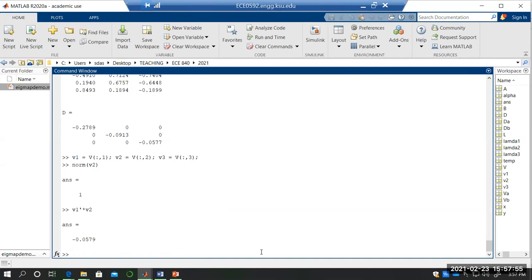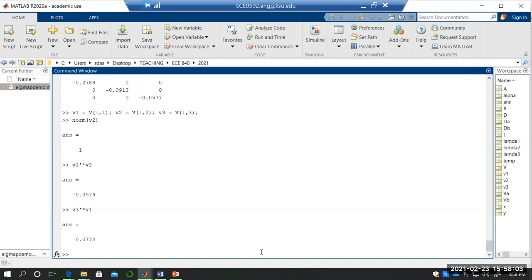It's negative 0.05 or 0.06. V3 transpose star V1, 0.0772. So they're not mutually orthogonal because this is not a symmetric matrix. So regardless of whether the matrix is symmetric or not, the eigenvectors will always have norm 1. That's the convention.